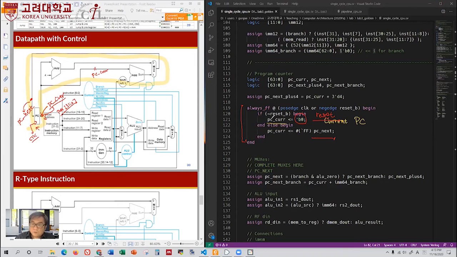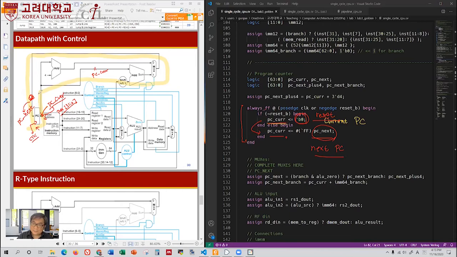So for the initial state, the current PC becomes 0, and otherwise the current PC is updated by PC next, the next PC value, right? So in the next clock, the program counter value received by the processor is changed to the next PC value.